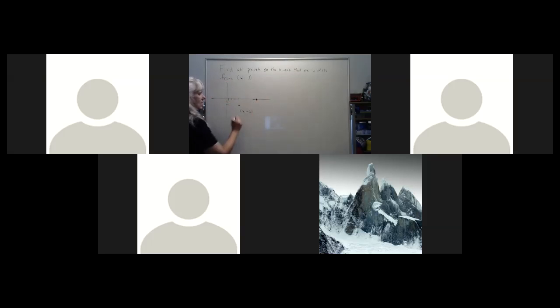It's on the x-axis, and I know that this distance is 6. Well, if I'm on the x-axis, do I know either of the coordinates for the point? Do I know the y-coordinate, if I'm on the x-axis?